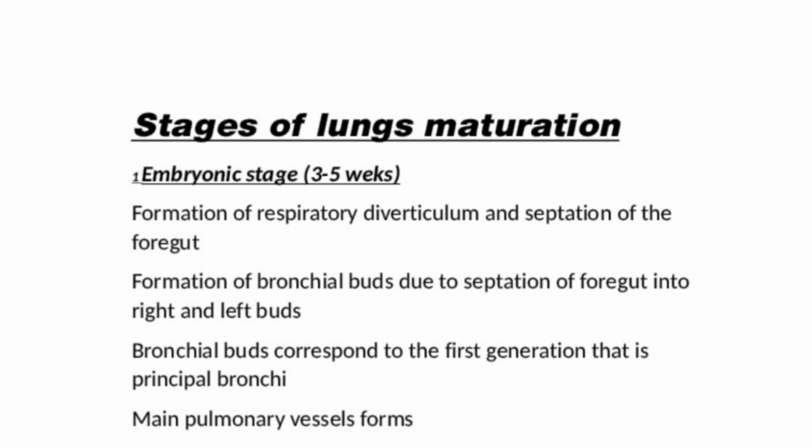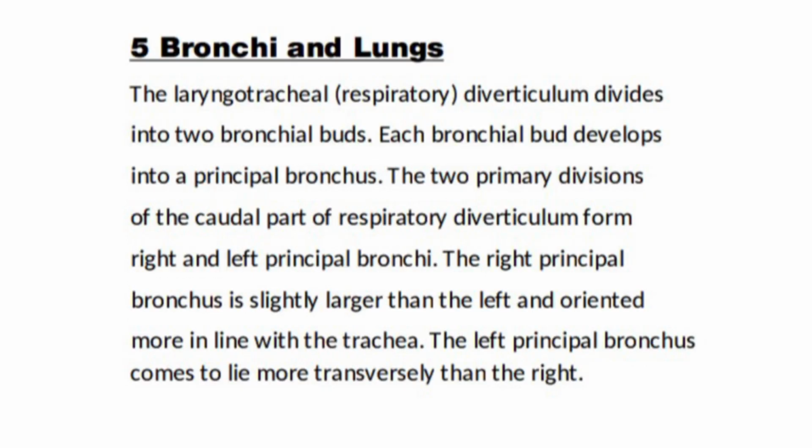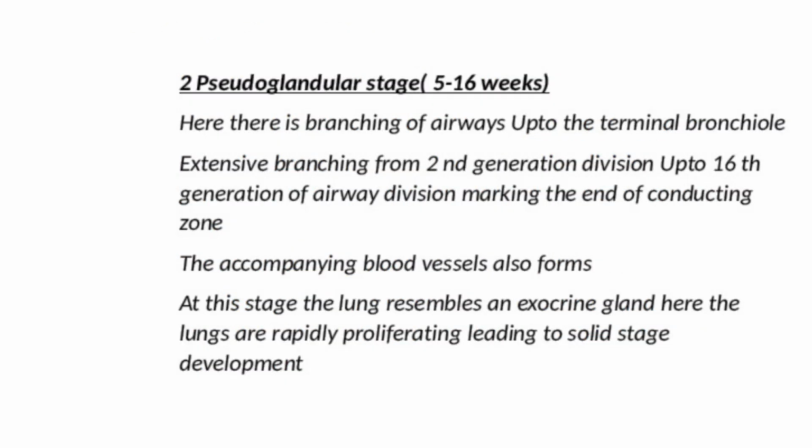Let's move to the second stage, that is the pseudoglandular stage, which occurs at the period of 5 to 16 weeks. Let me show you the slide pertaining to that. At this stage, there is continuous branching of the airways up to the terminal bronchiole.